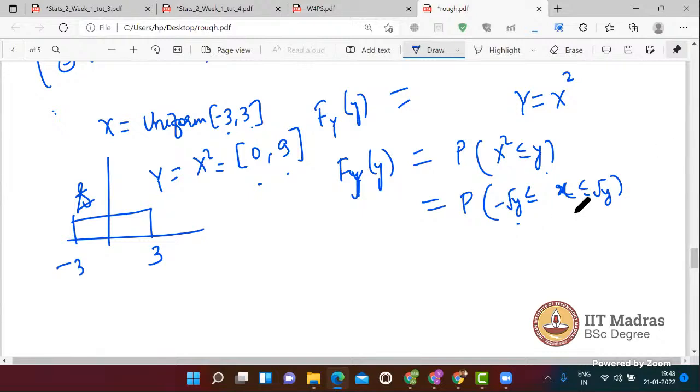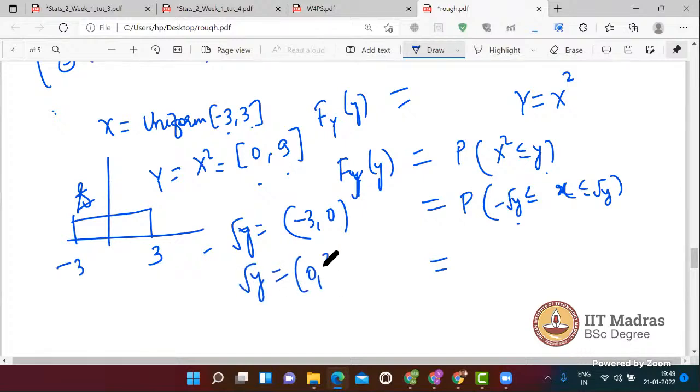That means the probability of x should be greater than or equal to minus root y and less than or equal to plus root y. What's the value of that? If y varies from 0 to 9, then minus root y varies from 0 to -3, that is, -3 to 0, and plus root y varies from 0 to 3.